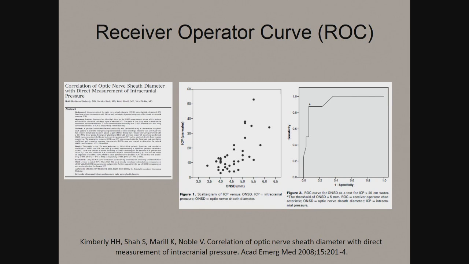So the raw data for the study is on the left, and the ROC curve is on the right. The ROC curve combines the sensitivity and specificity and gives one a sense for the overall utility of the test. So the greater the area under the curve, the AUC, the better the test is. And the curve is defined by the raw data on the left.